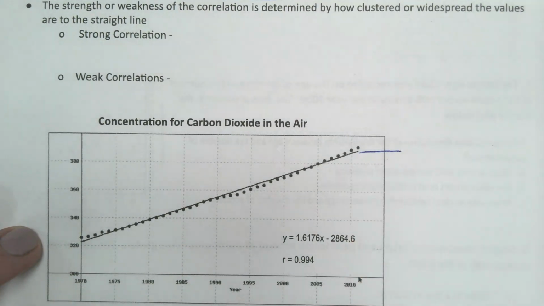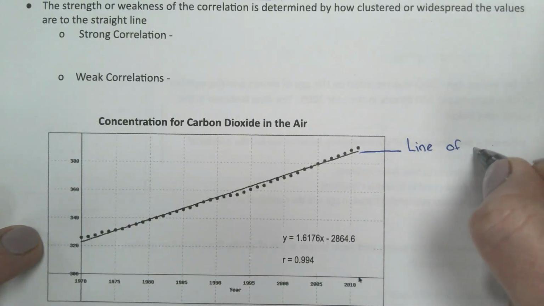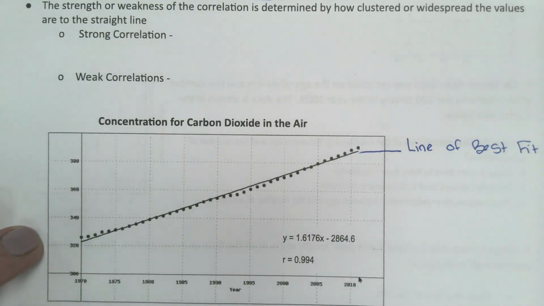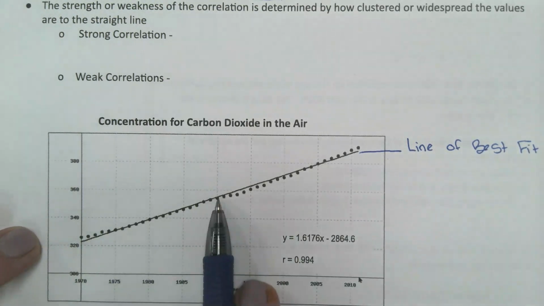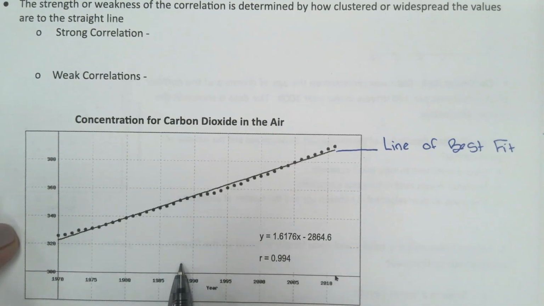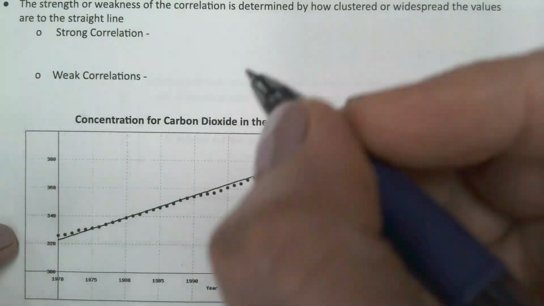The straight line that they drew here is the line of best fit. This graph is showing a very, very strong correlation because the majority of the points are really close to the line.